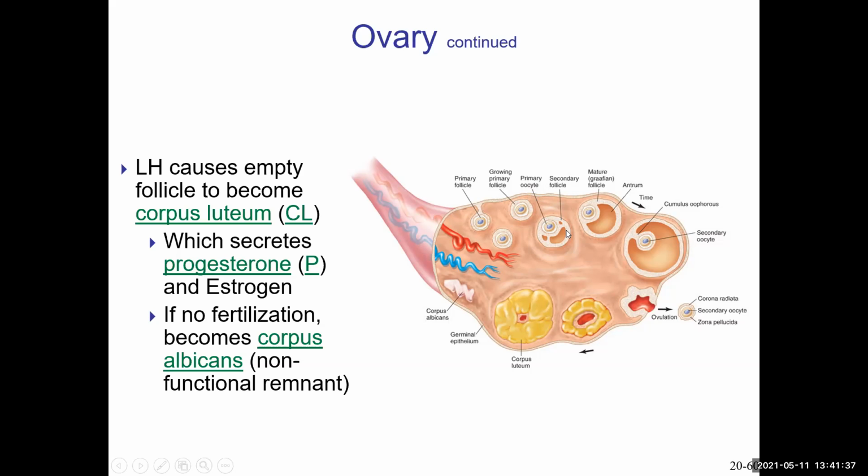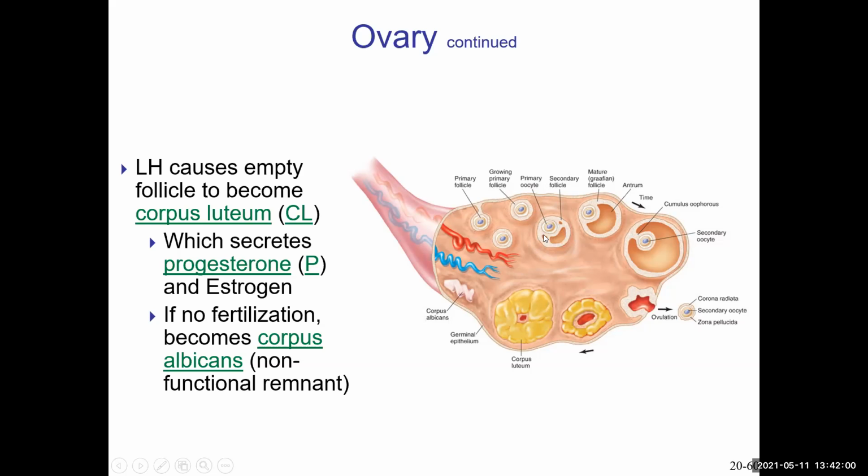With further growth of the follicles, some of the follicular cells inside these follicles, these white cells, produce fluid, mucus. That mucus forms small mucus-filled cavities.